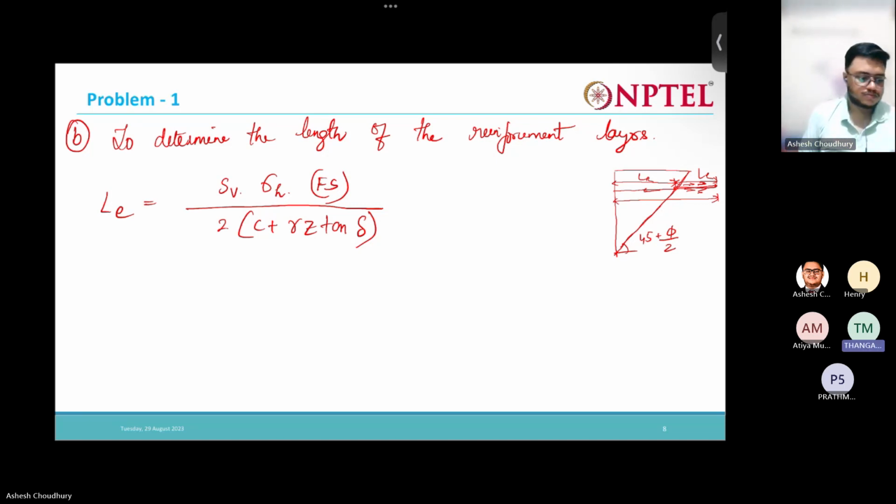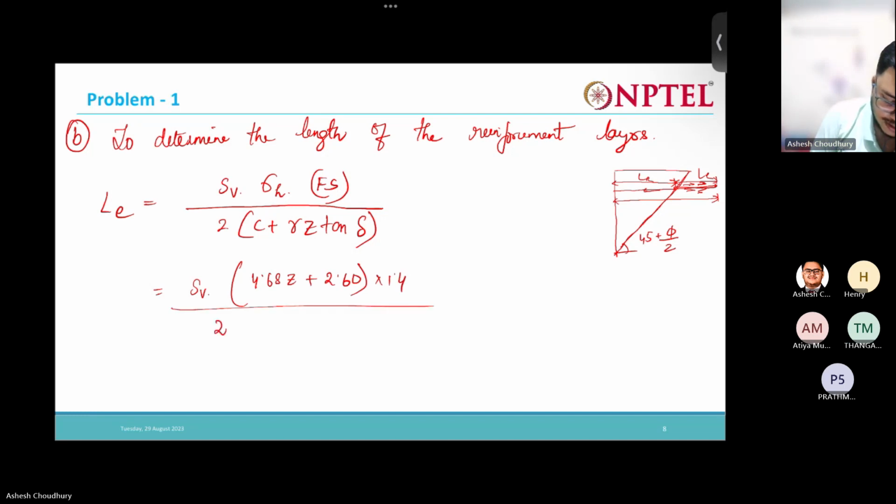So S_V times sigma_H, if you remember, into 1.4, C is 0, 18 into Z tan 24.